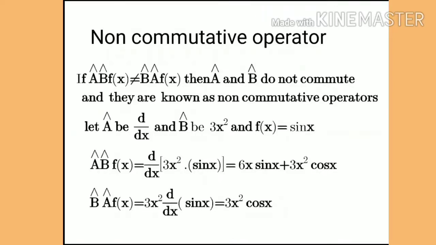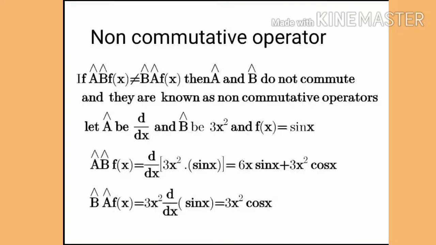multiply the function with 3x square, which is the b operator, and then we will differentiate the result. So we get the result 6x sin x plus 3x square cos x. If we change the order of the operators, it means we first apply the a operator on the function, and after that we apply the b cap operator.